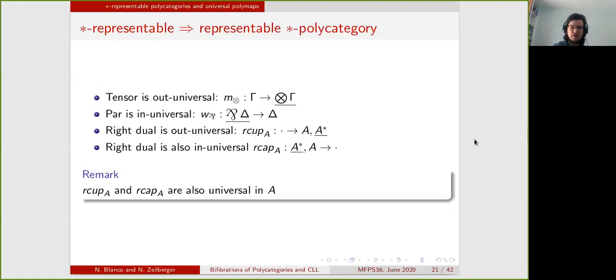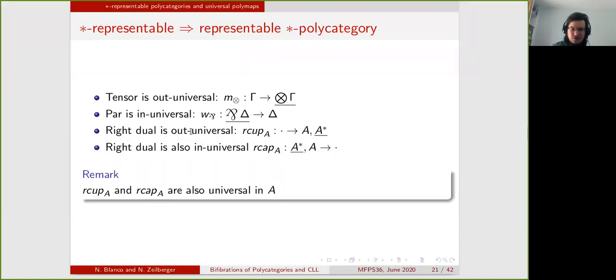To do that, one way is mostly by definition. So we get by definition that the tensor and the pair are universal objects. So we get them from star representability. What is maybe a little more surprising is that we can also get duals by the same scheme of universal property.